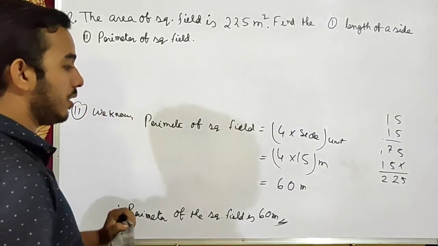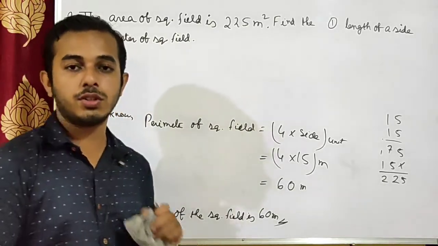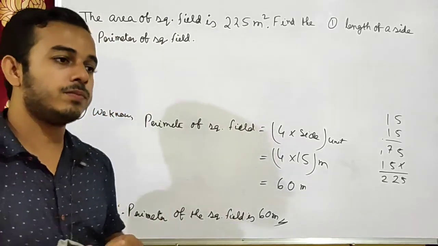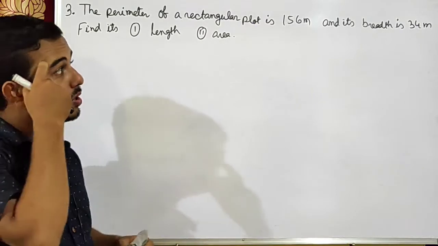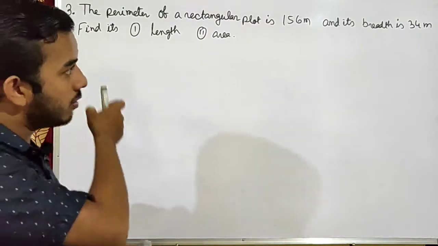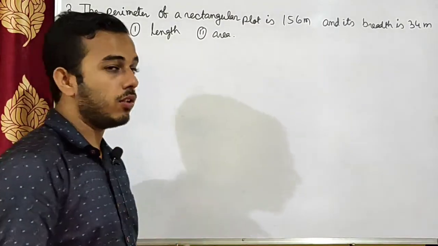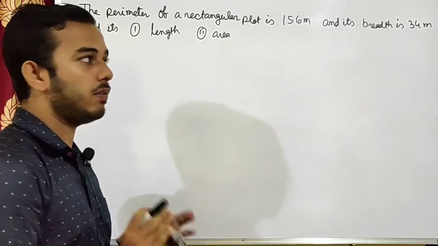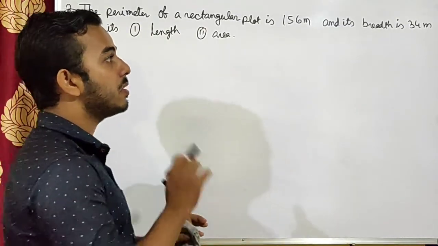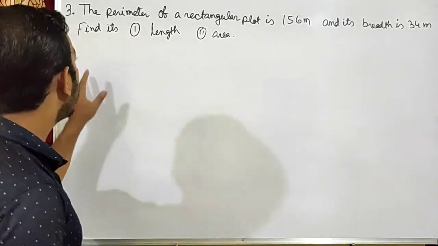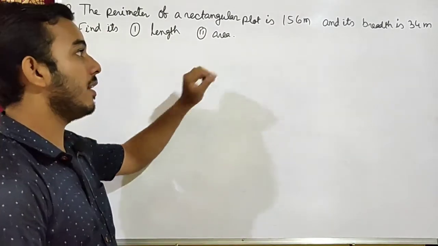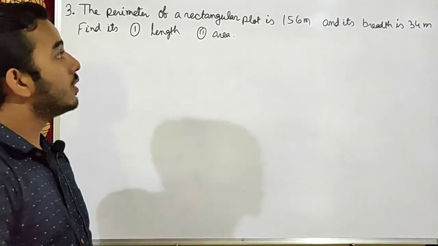Clear? Okay. So now let's move to our next question, question number 3. The perimeter of a rectangular plot is 156 meter, and its breadth is 34 meter. Now find its length and area.